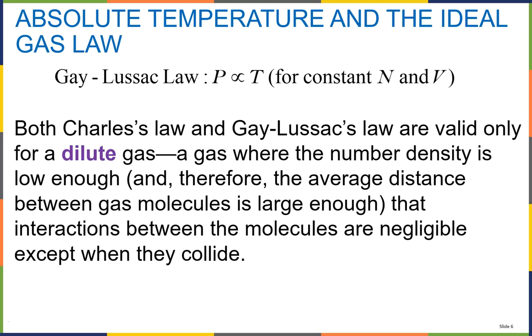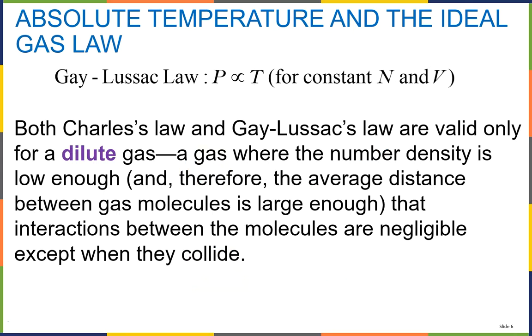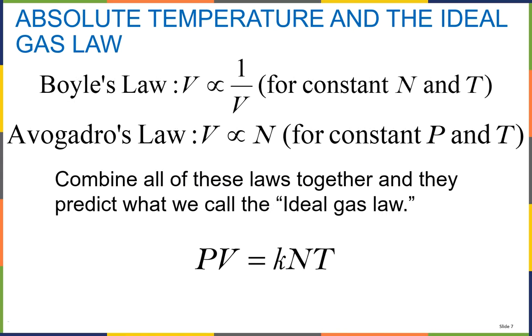So we had Charles' law that volume is proportional to temperature. And then we have Gay-Lussac that pressure is proportional to temperature. And then we have Boyle's law, which is clearly incorrect here. What's incorrect about that? You could never have volume as inversely proportional to volume.